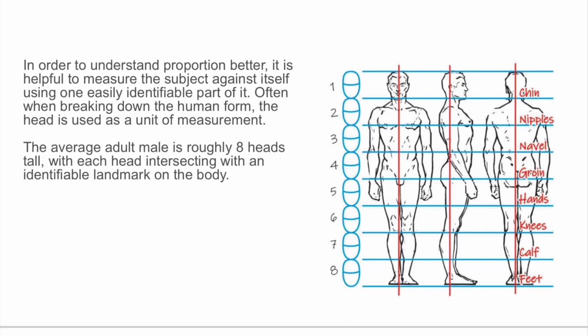But finding a nice, easy to grasp measurement is sometimes as simple as deciding that it's going to be the head. So if you take the exact height of the head, and it has to be really on point, you can usually measure someone and find out, if they're an adult, that they are typically around 8 heads tall.